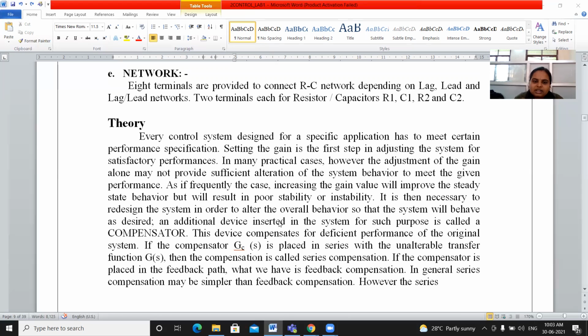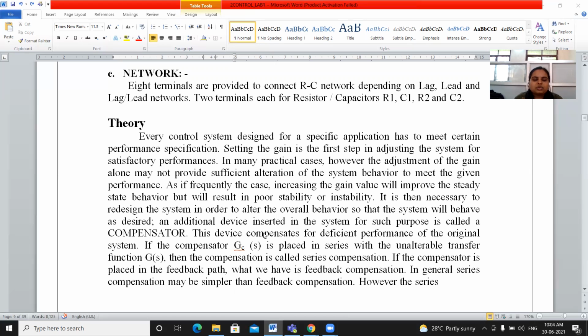An additional device inserted in the system for such a purpose we call a compensator. This device compensates for the deficiency in the performance of the original system.